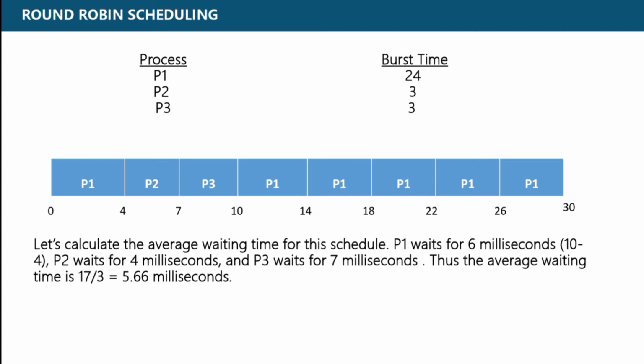And P3 waits for 7 milliseconds because it is allocated the CPU after P2. Since P2 has a 3 millisecond burst time, we add 3 to 4, because P2 waits for 4 milliseconds after it is allocated the CPU, since P1's first burst time is 4 milliseconds.